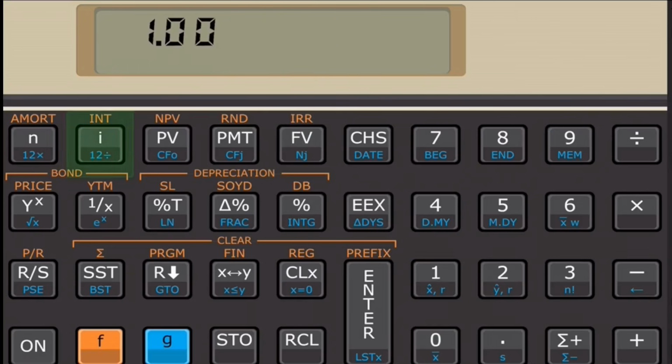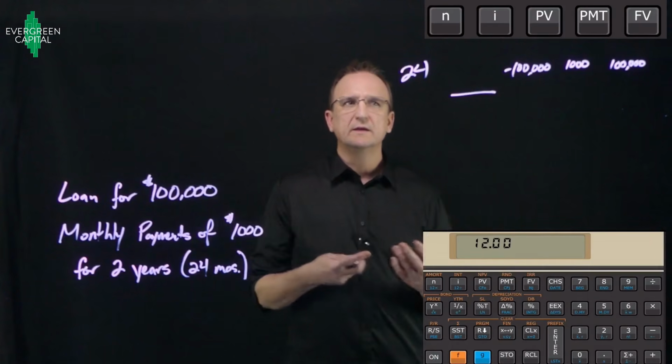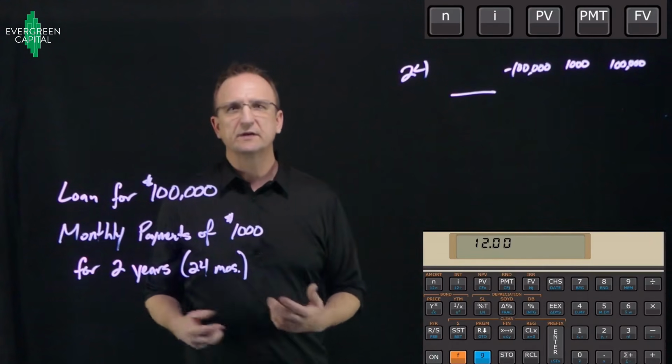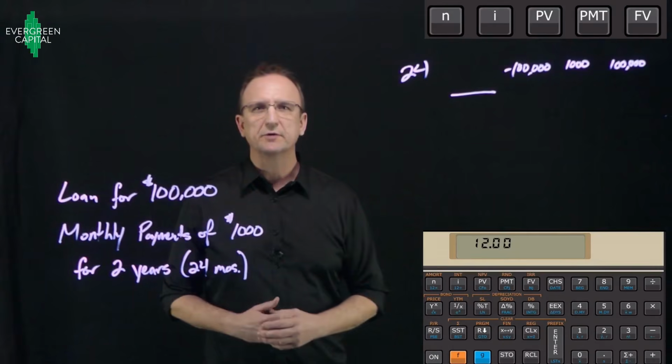When we solve for I, you'll notice that we get 1%. But remember, this is monthly, so we have to convert that back to annual. So we solve for I, and then we hit enter, and multiply it by 12. That's the IRR of this particular investment, 12% per year.